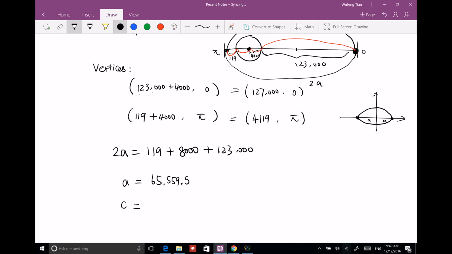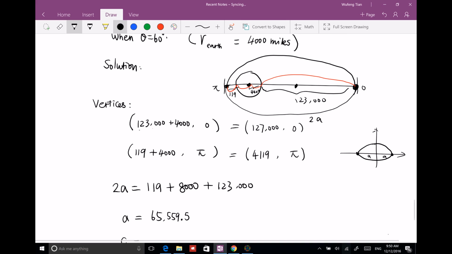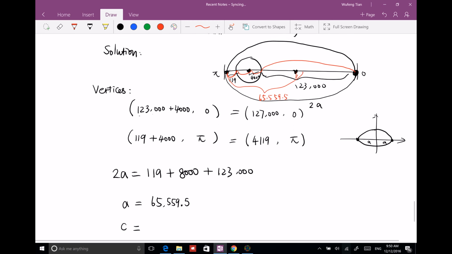Suppose this is the center, 0, 0. Then this is the a, 65,559.5, and I would like to know what the c is here.